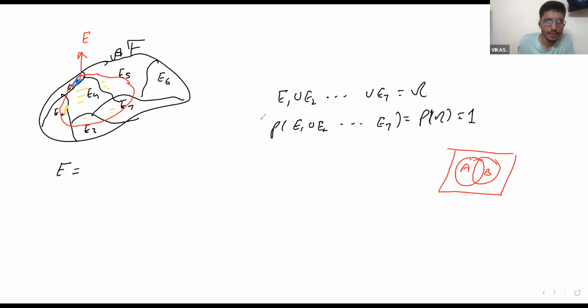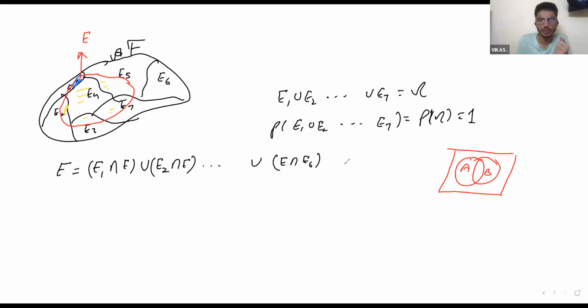If I take the union, then I can easily write E as E1 intersection E, union E2 intersection E, and so on. E6 is not coming in the event E, so E1 to E5. If I write E6 intersection E, that will be empty, there is no issue.